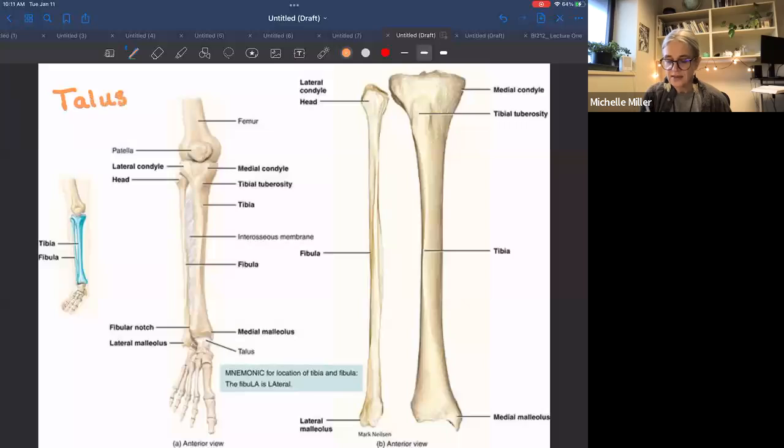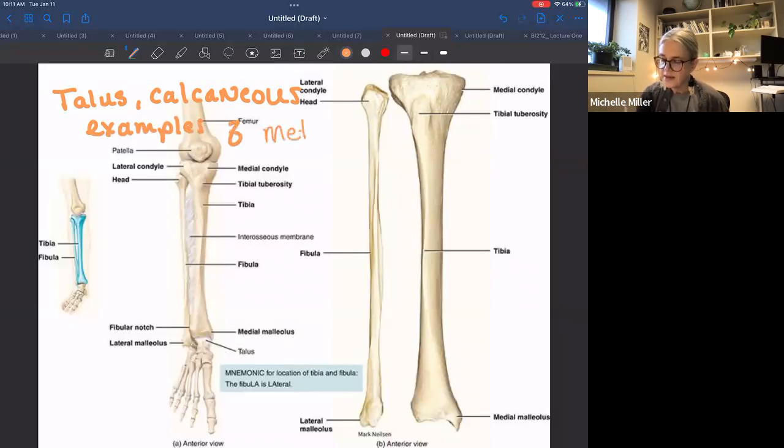So the talus and the calcaneus are two bones that you need to know, and they are examples of tarsals. Tarsals, not metatarsals. Caught myself here.